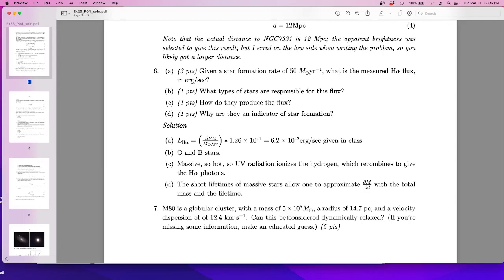The 2-body relaxation time scale is the crossing time times the number of particles divided by the log of the number of particles. So to do it this way, you've got to figure out what the number of particles is. I said that the mass is 5 times 10 to the 5 solar masses. So how many stars is probably in that?